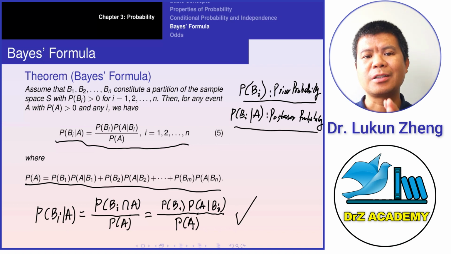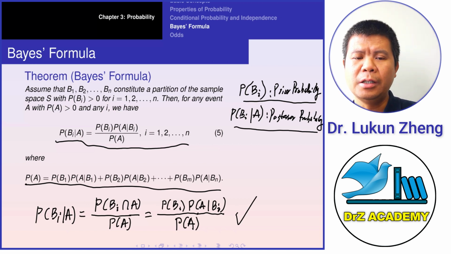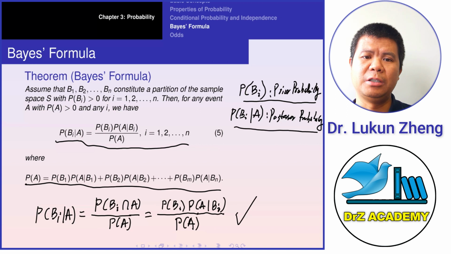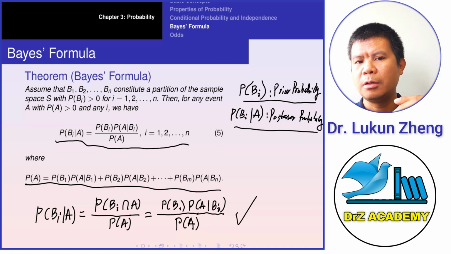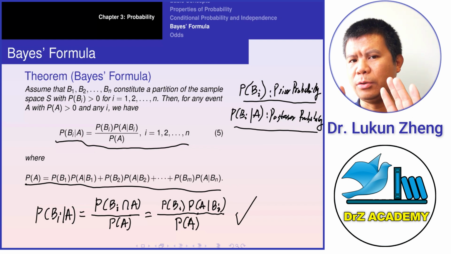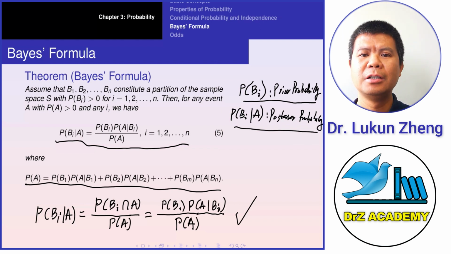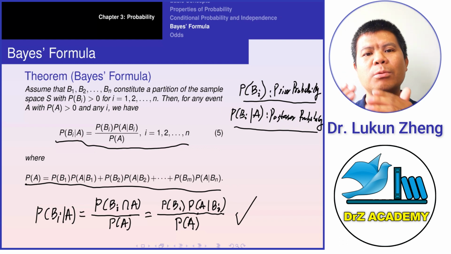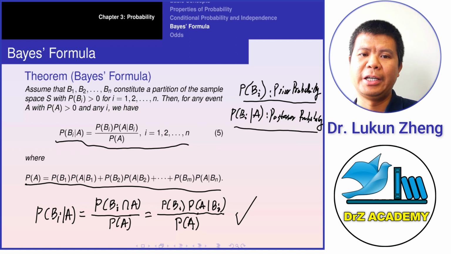Given that event A has occurred, what is the probability of Bi? We know the prior probability of Bi. But now if we know some additional information, say A has occurred, then what is the probability of Bi given A has occurred?